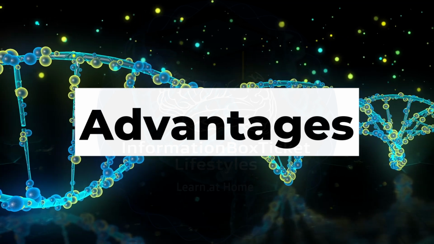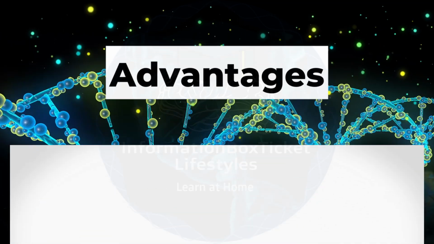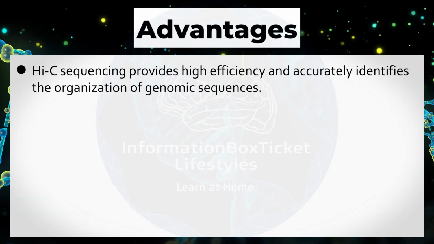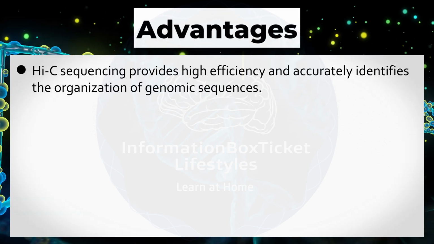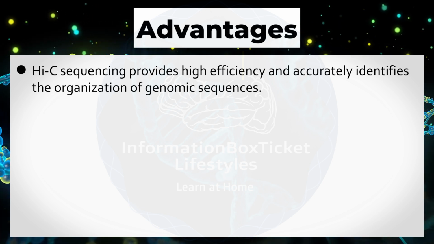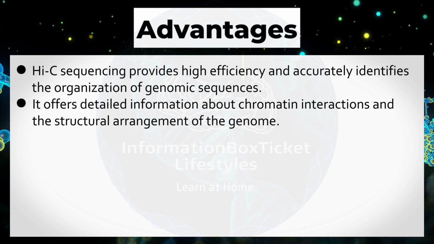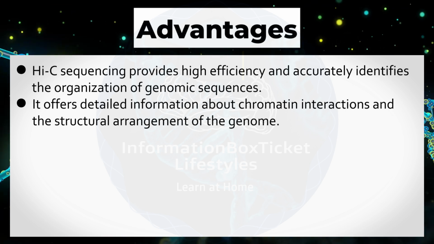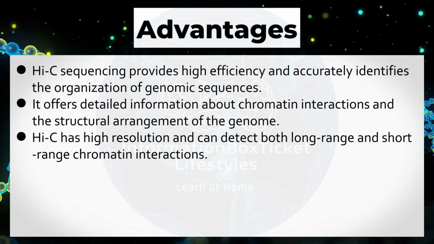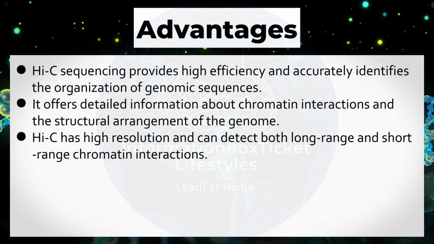Advantages of Hi-C sequencing. Hi-C sequencing provides high efficiency and accurately identifies the organization of genomic sequences. It offers detailed information about chromatin interactions and the structural arrangement of the genome. Hi-C has high resolution and can detect both long-range and short-range chromatin interactions.